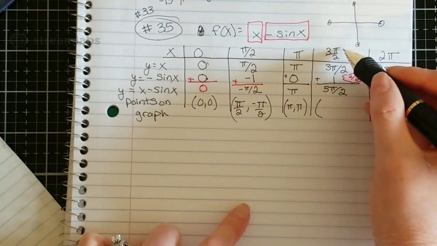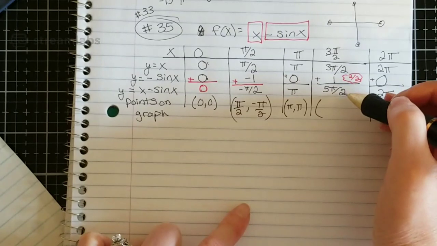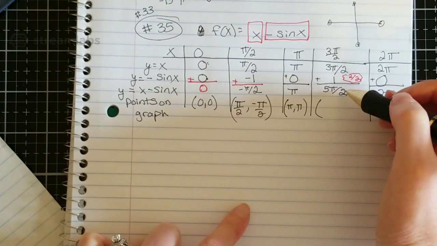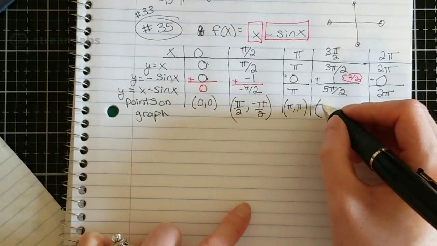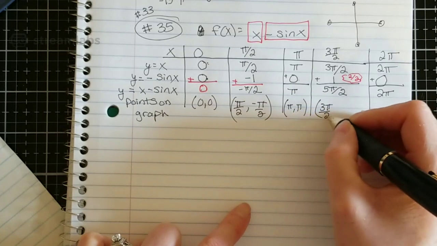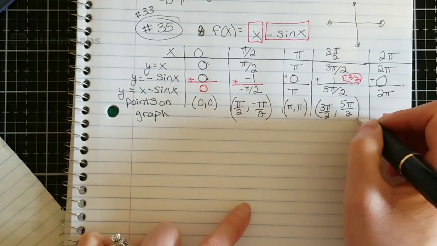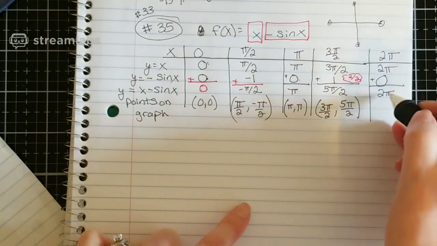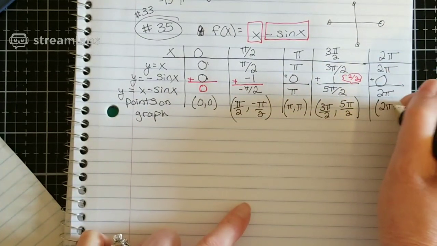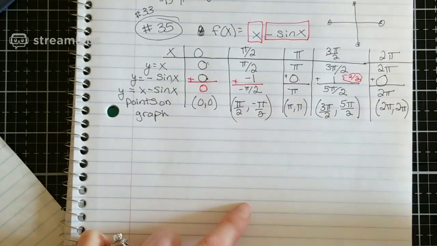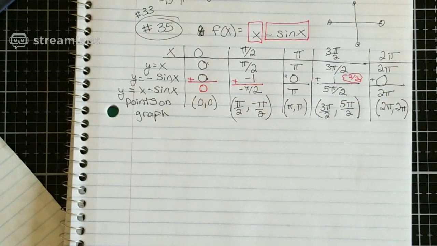Then I've got 3 pi over 2 and then 5 pi over 2. And then the last one is 2 pi comma 2 pi. All right, and then all I'm going to have to do is graph this.